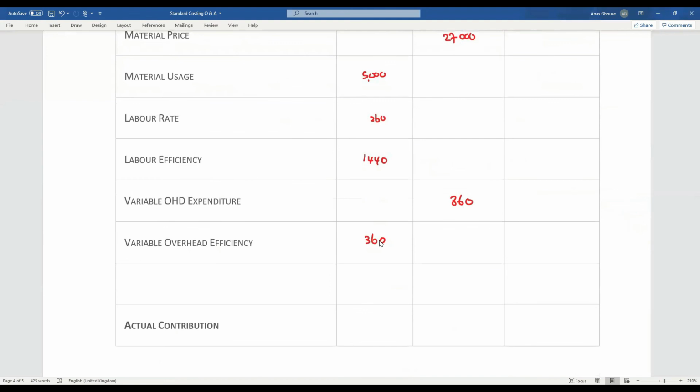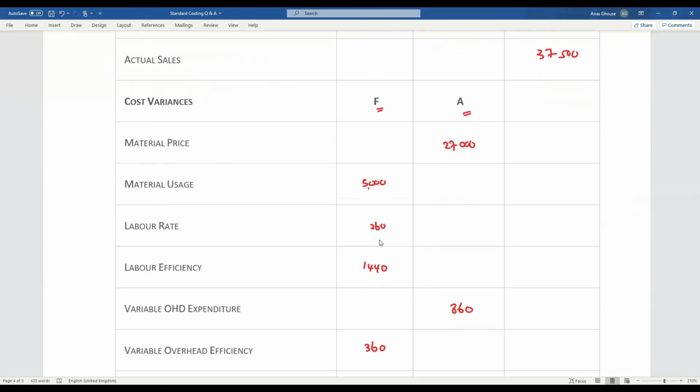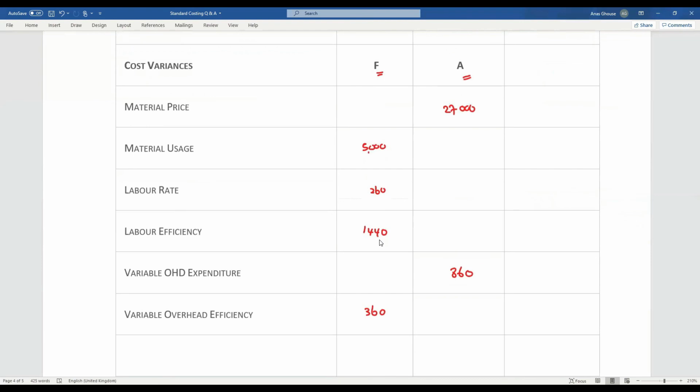Okay, so if you take the total favorable, how much? 5 million plus 260 plus 1,440,000 plus 360, so that will be 7,060,000 favorable, whereas adverse is 27 million plus 860. This is total adverse, this is total favorable.